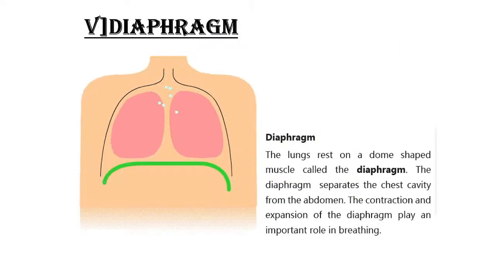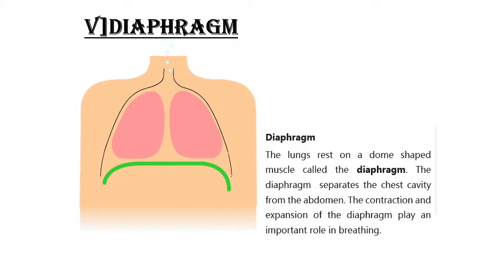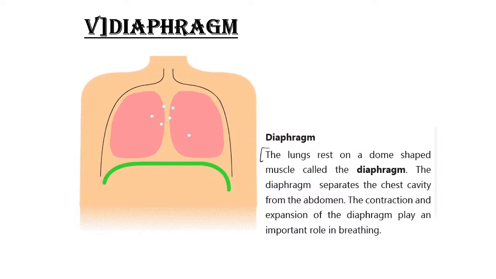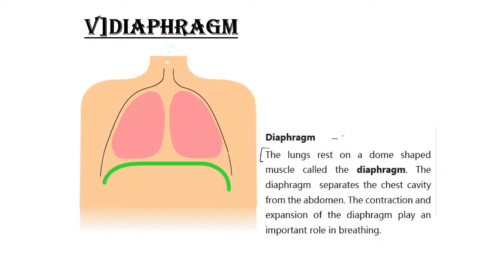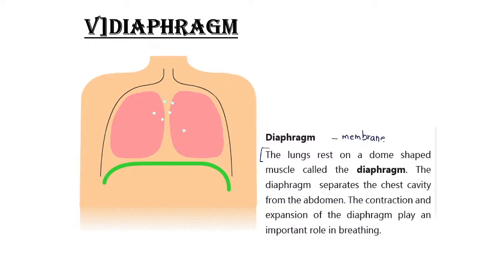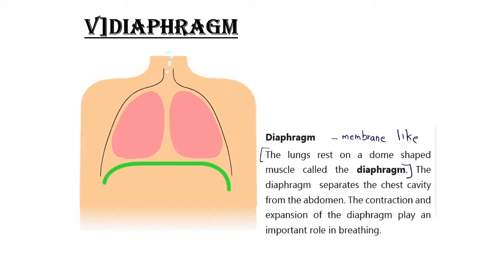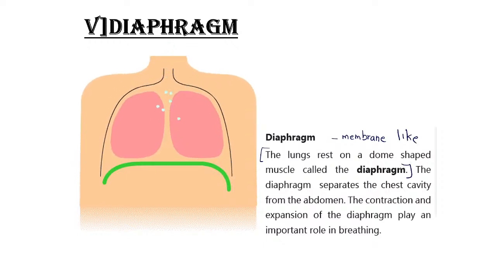Now, what is the diaphragm? At the end of the lungs, you will see a thin, dome-shaped membrane structure on which the lungs rest. This thin membrane-like structure is termed the diaphragm. The diaphragm separates the chest cavity from the lower abdominal cavity.